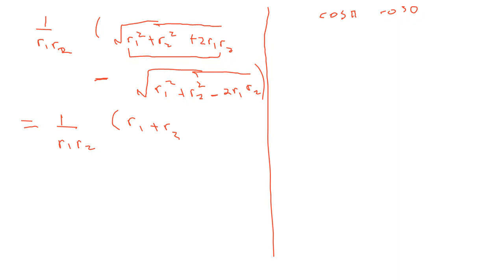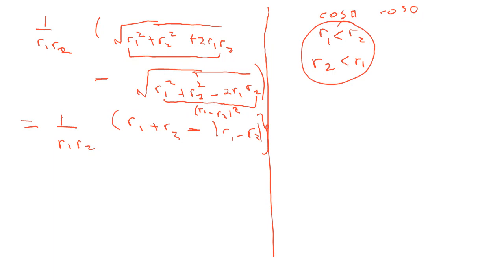But the second one you have to be careful because it will depend on whether r1 is smaller than r2 or r2 is the one which is smaller than r1. So you have to take the mod because this thing there is just r1 minus r2 squared, and the square root is the mod. So you have to take the mod, r1 minus r2, and then you split it into these two cases.